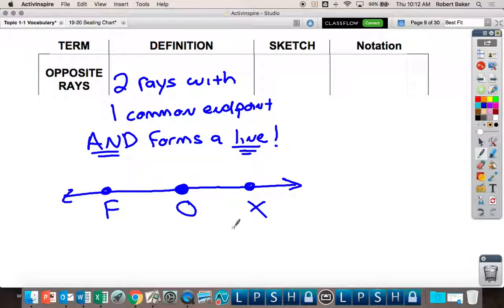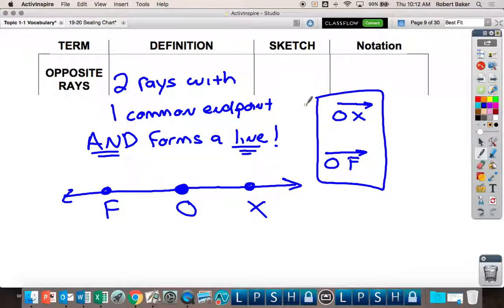O. They share point O. So both of my rays must start at O. One ray travels towards X. The other ray starts at O and travels towards F. So I like to write them stacked like this when I write my opposite rays. That way I know they both start at O. One travels towards X, one travels towards F.